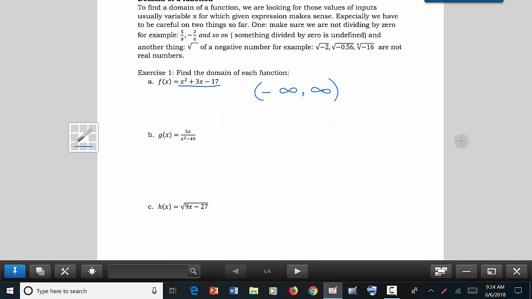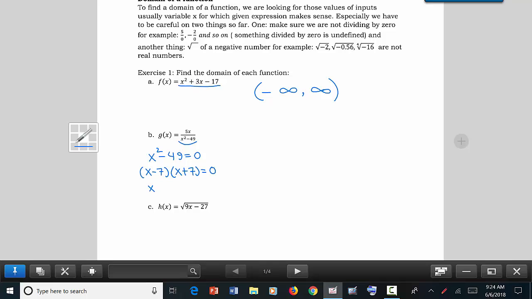Number B, it is a rational function. In mathematics we always have to be careful if we divide by 0. So the problem is, for what value of x is x squared minus 49 equal to 0? We don't want that. So if you factorize, that will be (x minus 7)(x plus 7) equals 0.